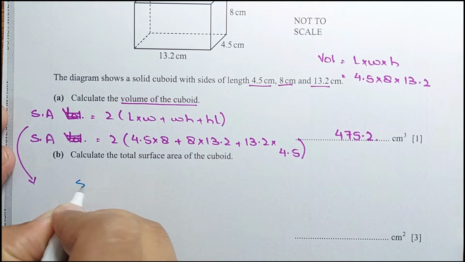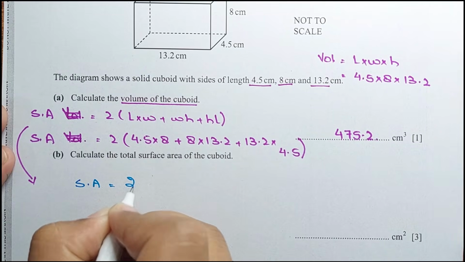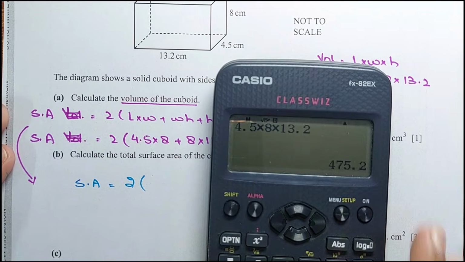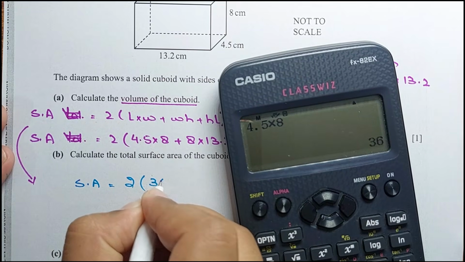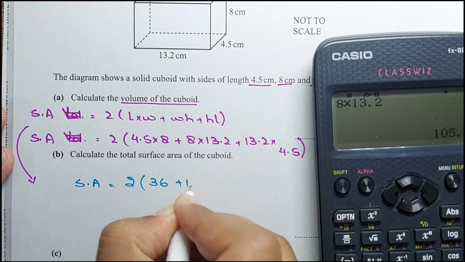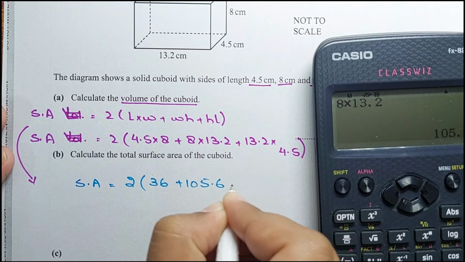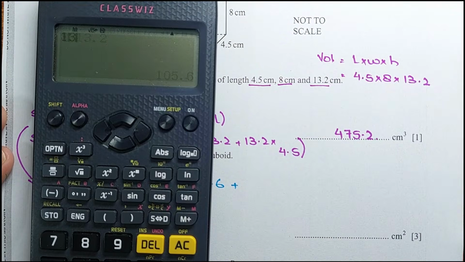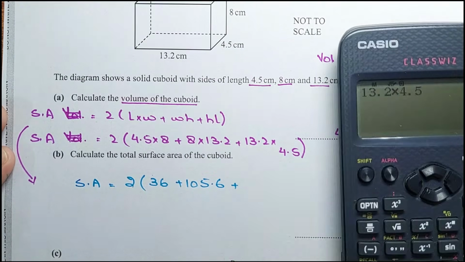Surface area is 2 into 4.5 times 8, 36. 8 times 13.2, 105.6. And we have 13.2 times 4.5, 59.4.